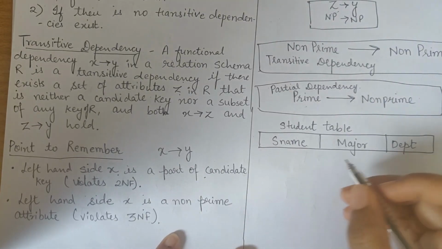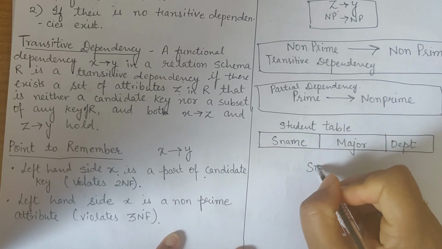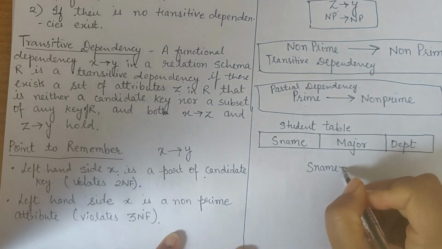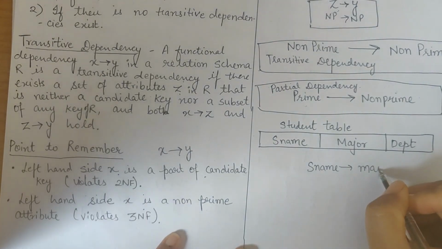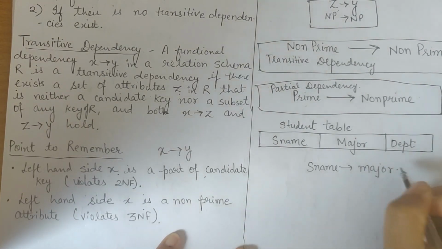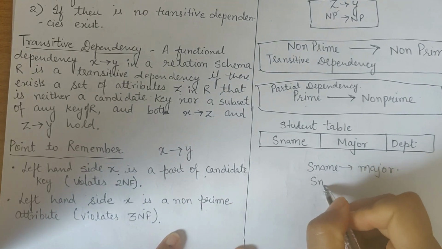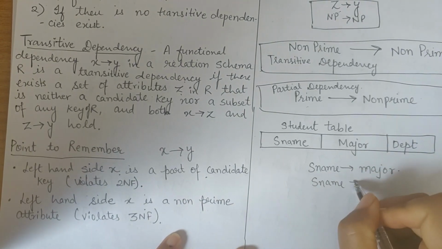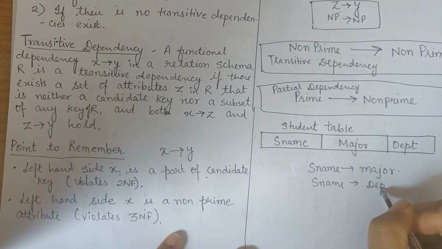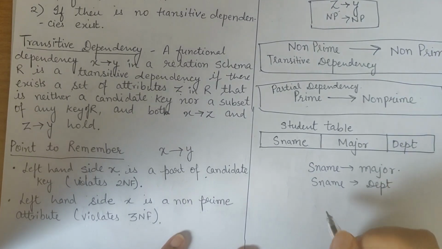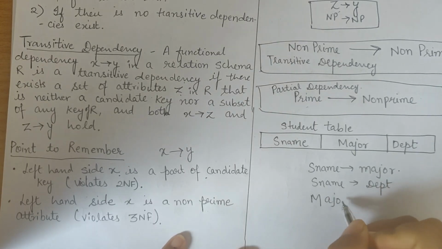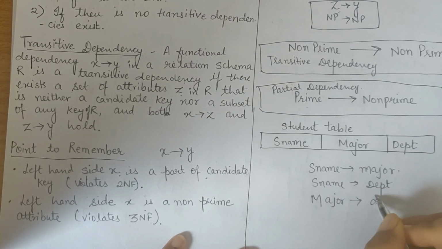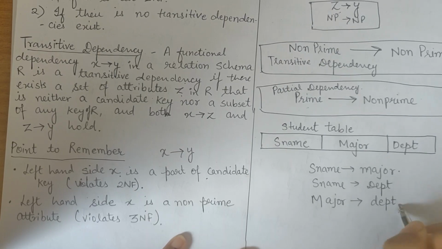Okay, the functional dependency is something like this, that S name determines major, S name determines department, and major determines department.